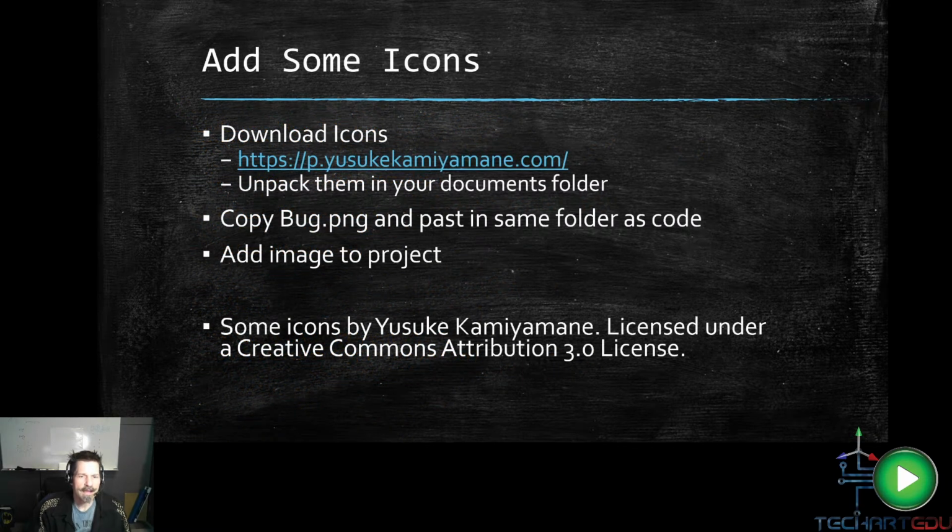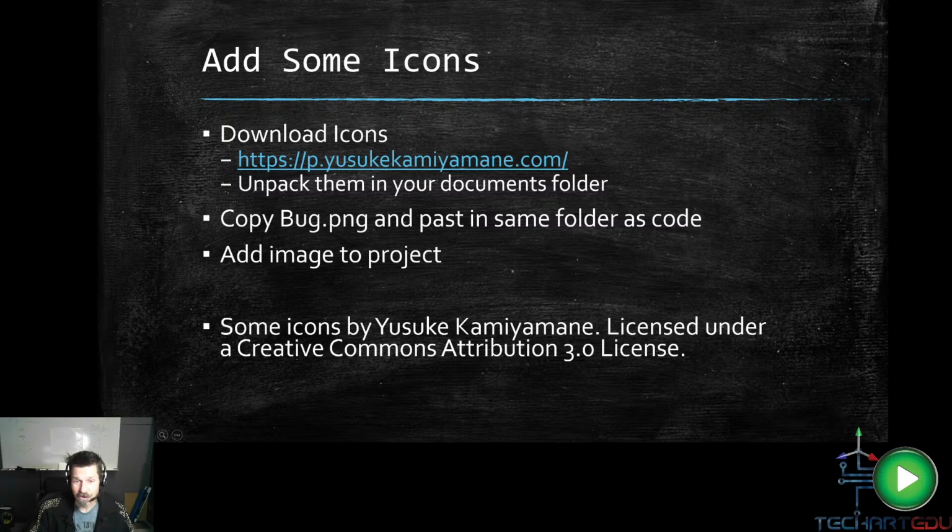Okay, now if you go to this website, p.yusukekamiyamane.com, this guy is a designer and an artist in Japan, and he has produced a very small, tiny icon set for widgets. There are about 4,000 of them.